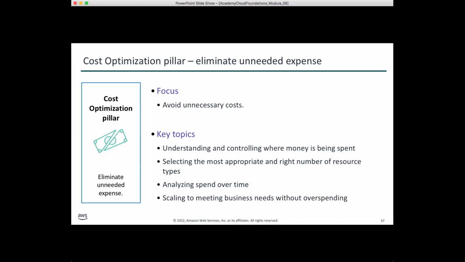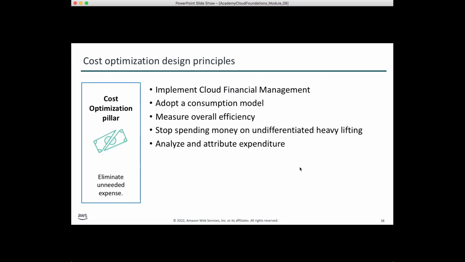and scaling to meet business needs without overspending, right? Now, the key design principles for cost optimization, you can see: implement cloud financial management, based on AWS cost management and other guides, to achieve financial success and accelerate business value realization in the cloud.